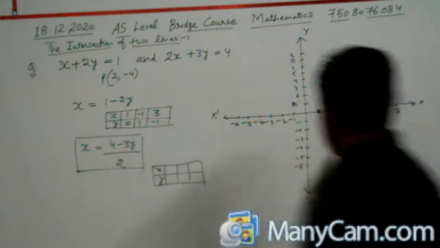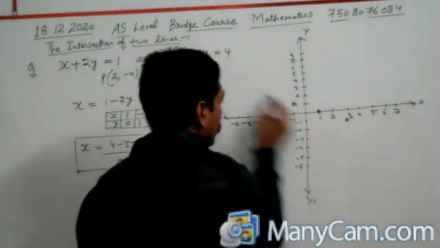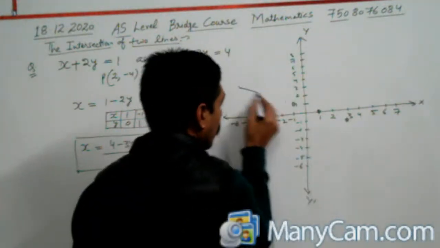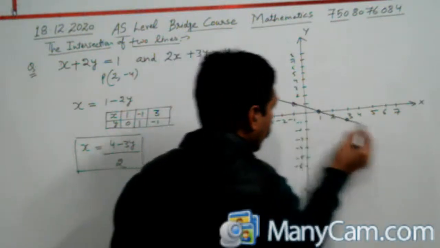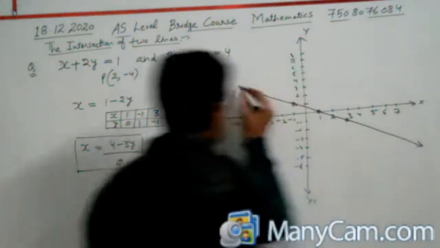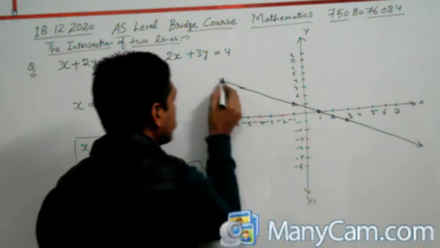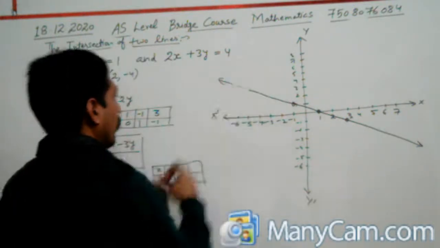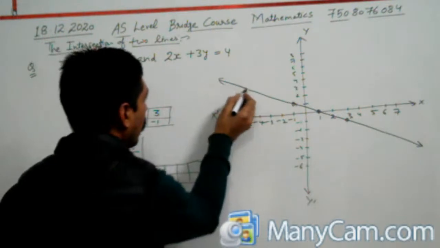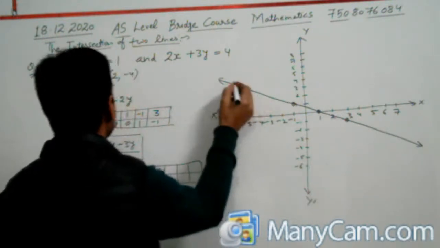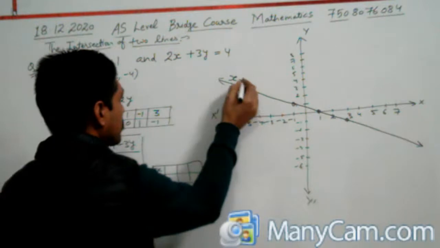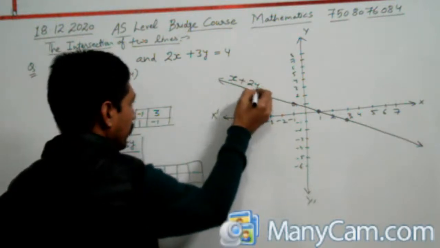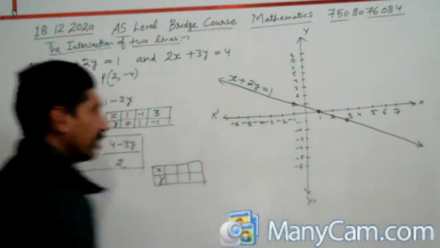And this is the line. This is the equation of the line x plus 2y is equal to 1.